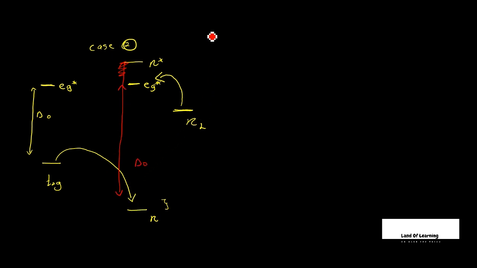So we call this a strong field case. The ligands that showcase this kind of process we call strong field ligands, such as carbon monoxide, H2O, right? These ligands we call strong field ligands.